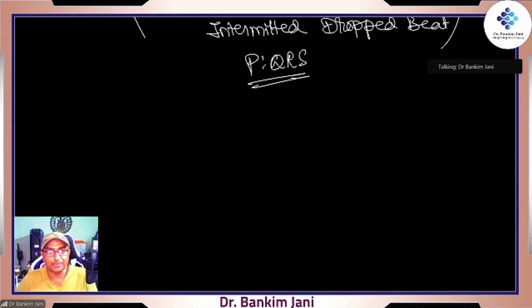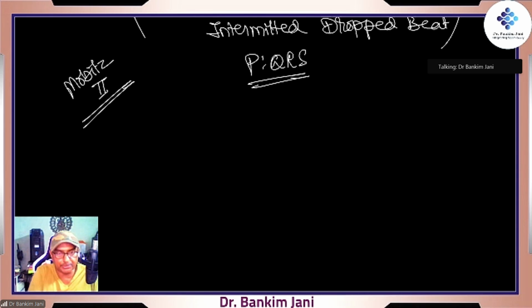So that's what we were talking about, that there is intermittent drop beat. This is dangerous when we are talking about this Mobitz 2, right? In one word, we will be telling it Mobitz 2. When it is Mobitz, automatically it is the second degree AV block, and in that it is type 2.